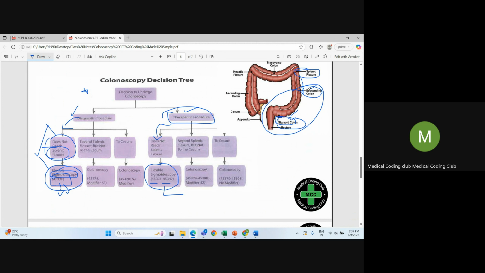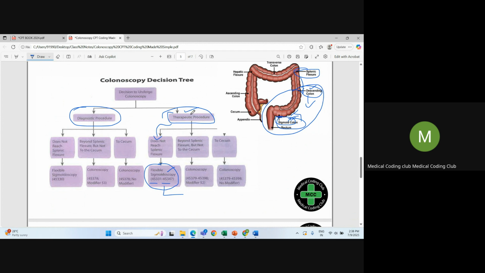If they are removing a polyp from the descending colon, or taking a biopsy from the sigmoid colon, all of these fall under the lower portion of the colon, so you should code from the sigmoidoscopy procedures. This is the first scenario, and you should have clear knowledge about diagnostic and therapeutic procedures.